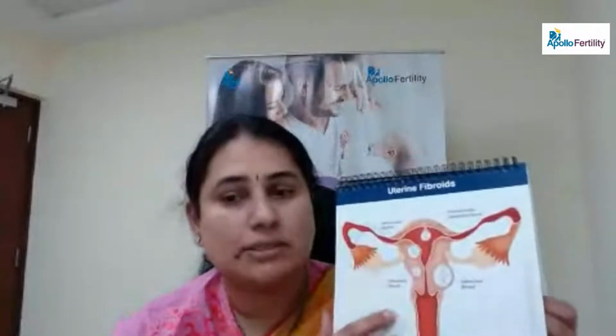You can see it in different places: in the muscle, which is intramural, sometimes outside, which is called subserosal, and sometimes it is pedunculated and inside the cavity where the pregnancy sticks. If the fibroid is outside the uterus, there is no need for surgery, we can just leave it. If it is inside the cavity, we need to remove it, laparoscopically as well as hysteroscopically. So these are the conditions where we do laparoscopy.